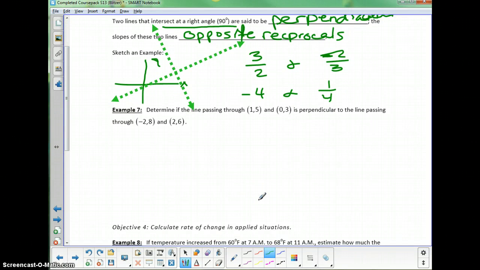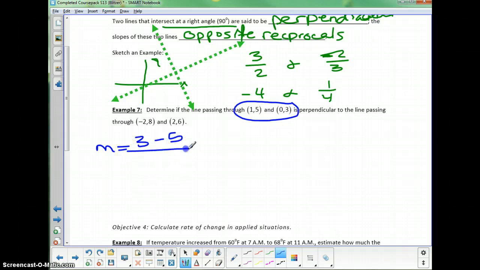Okay? So in example 7, we're going to look at the two lines given by these ordered pairs right here. The first line goes through (1, 5) and (0, 3). So its slope is 3 minus 5 over 0 minus 1. So I've got negative 2 over negative 1, or 2.